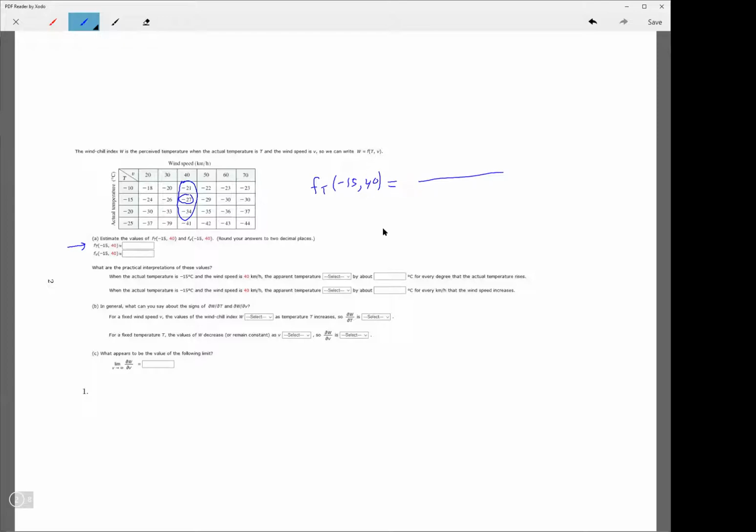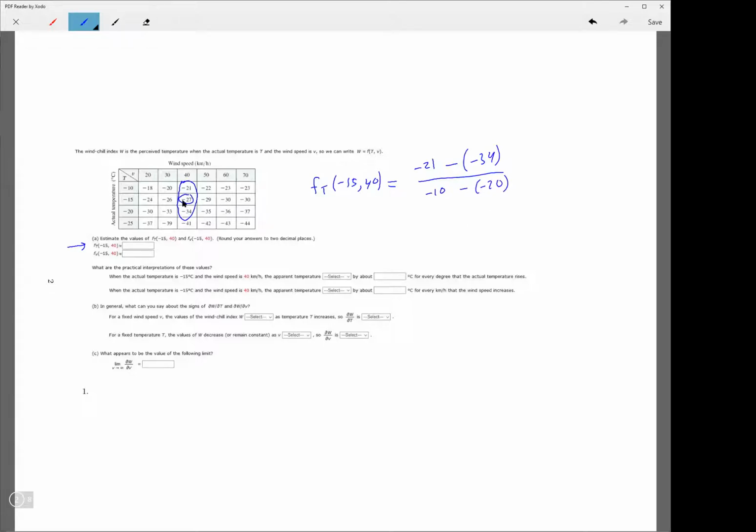What we're going to do for this first one is a difference quotient. These values are negative 10, negative 15, negative 20. So these are smaller values down here, and these are larger values. So we're going to take the larger value, which is negative 21, minus the value out there, minus negative 34 up there. And then down here, we're going to take negative 10.